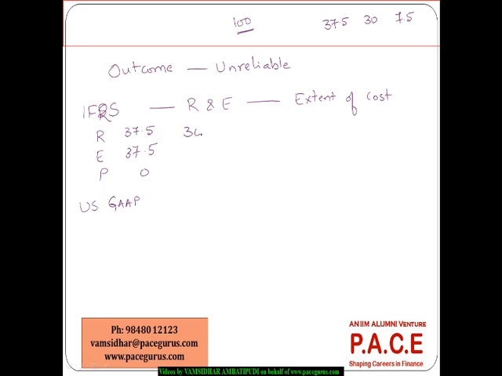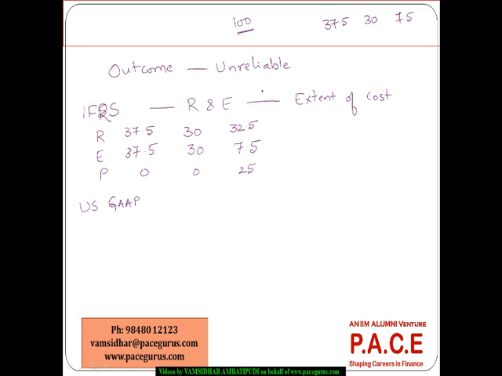In the second year, you recognize 30 million, 30 million, and a zero. Now if you are completing the contract in the third year, the entire remaining revenue, 32.5 million, you recognize in this year. Expense is only 7.5 million, resulting in a profit of 25 fully in this year only.